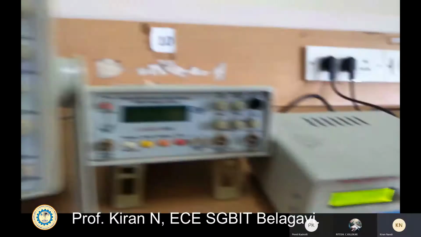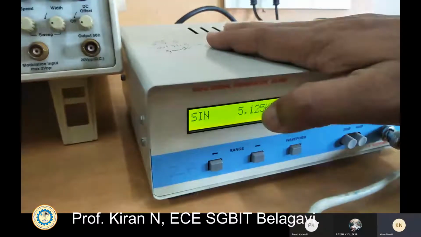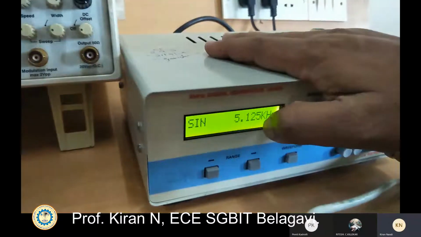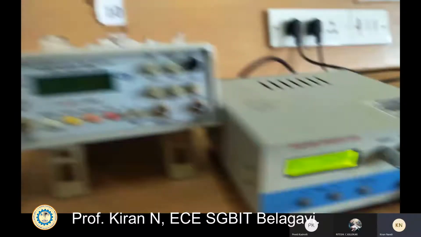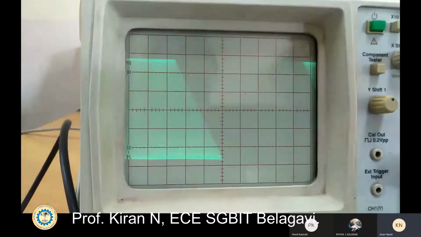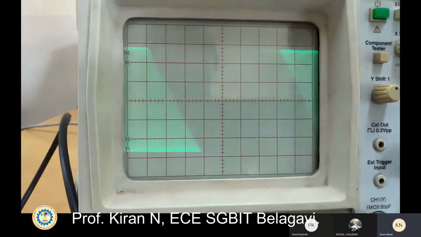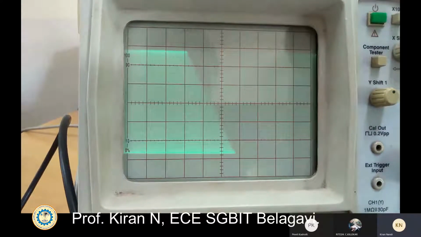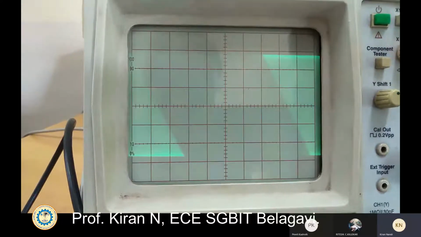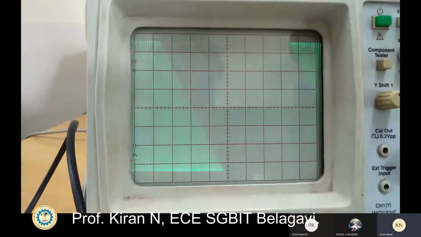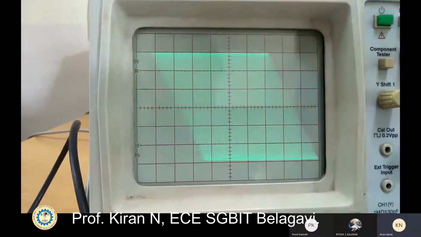Now, see here the signal is at 5 kilohertz, wherein the output is changed now. Now after this, whatever the frequency value I vary, the output goes on reducing. Okay, you can see here, I'll just vary the frequency here.